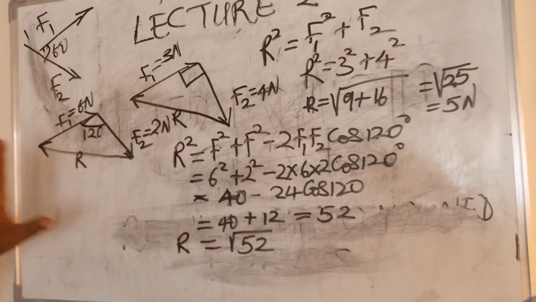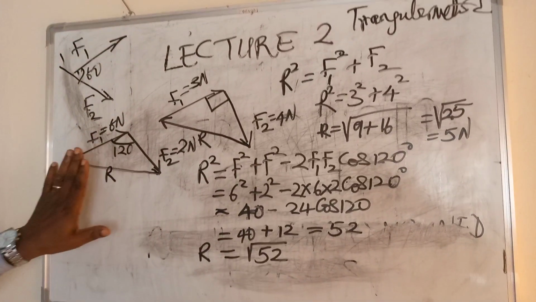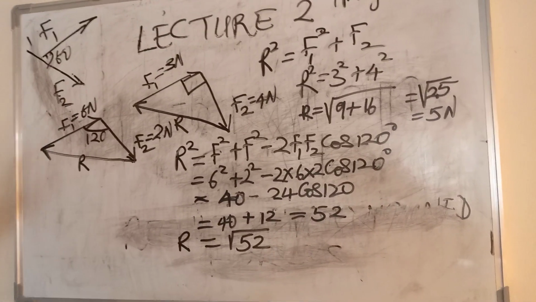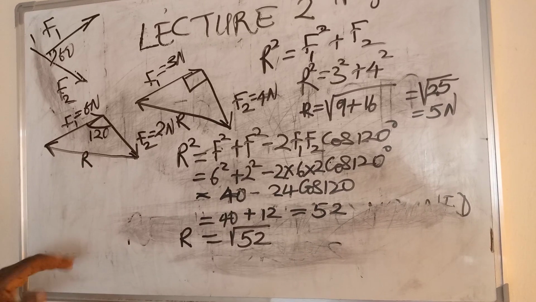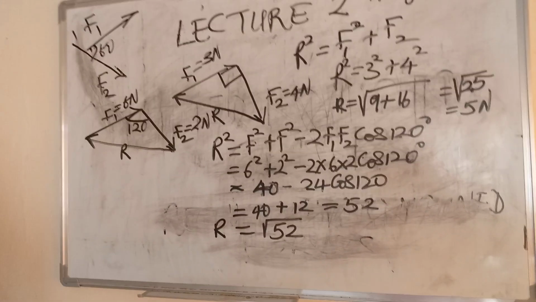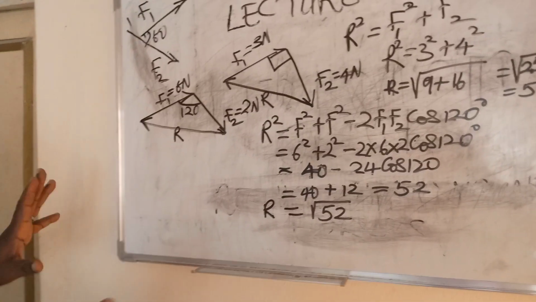So we get the resultant. This is the triangular method of calculating forces that meet at an inclination. The forces are not in a straight line, not on the same line, not even parallel, but they meet at an inclination.